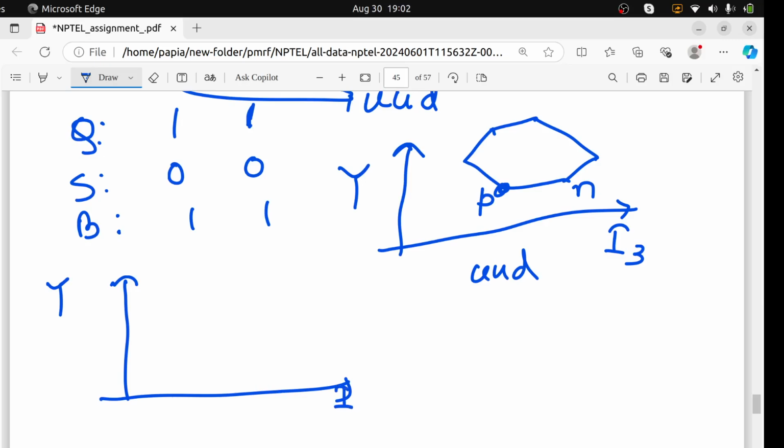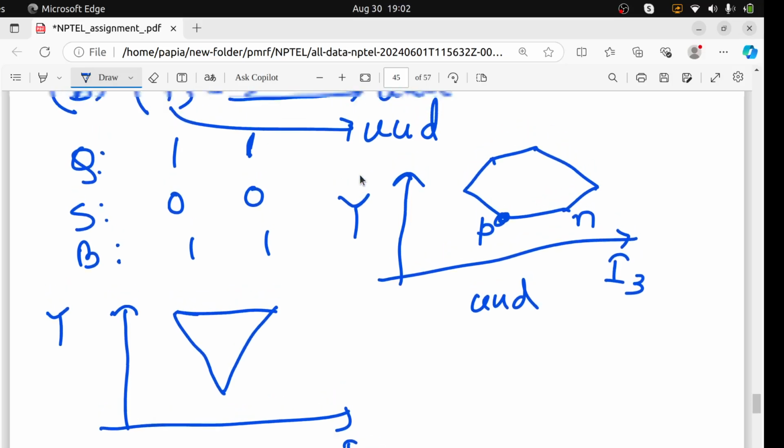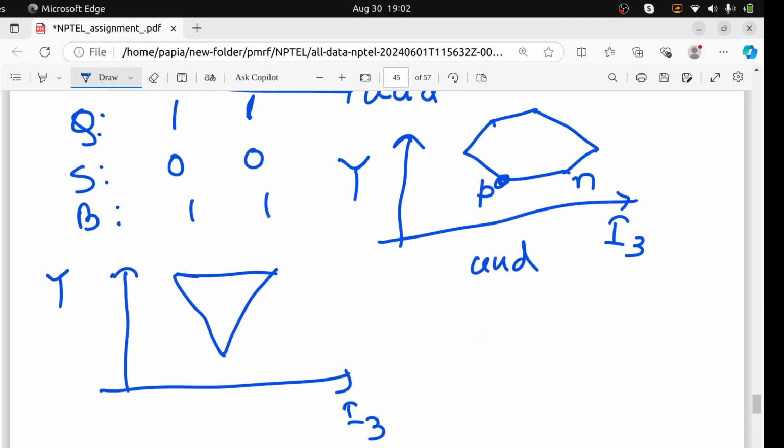Same thing is happening for the decaplet. Here there is delta minus, delta 0, delta plus, delta plus plus. So delta plus is also there, and delta plus has the same Y and I3 value as P. P also has the same Y and I3 value, and it has the same quark content UUD.